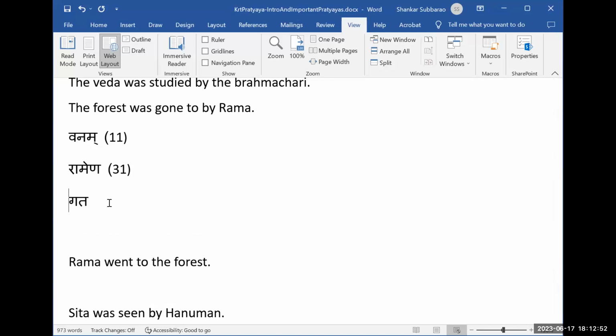Gata is the pratipadika. Now, what does it go along with? With Vanam. It is qualifying Vanam. Therefore, it should take the same case and number as Vanam. Therefore, what should this be in? 1-1. Correct?